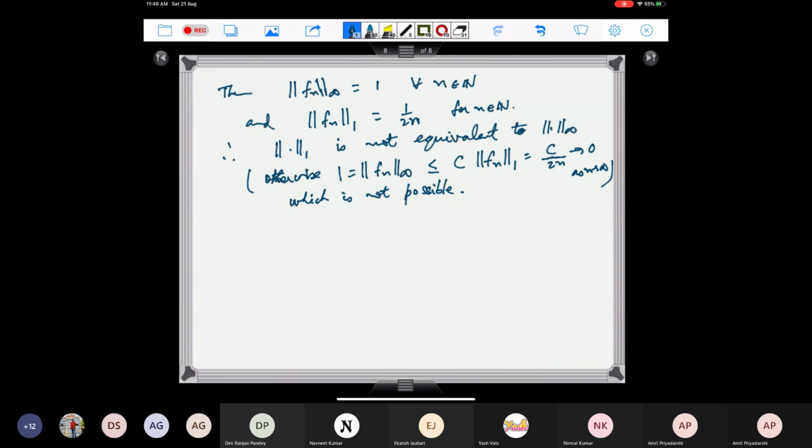So the next important result that we are aiming for is the following. What we have seen is that any two norms on a finite dimensional normed linear space are equivalent. Therefore, if we look at any finite dimensional normed linear space and look at the closed unit ball, then it is always compact, right?